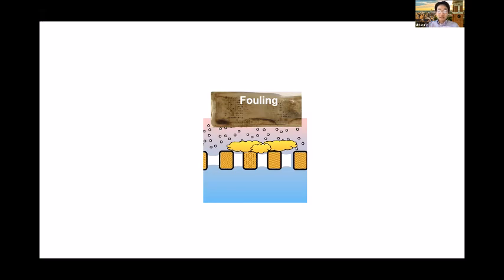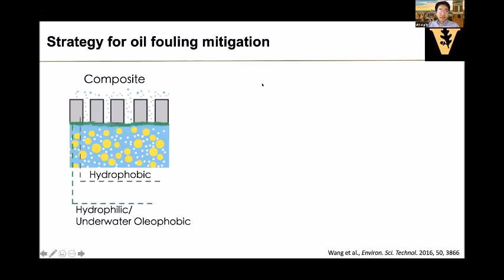The basic strategy is usually to have a composite membrane with a hydrophilic layer on the surface that touches the feed water, and this hydrophilic layer is usually underwater oleophobic. People have done something like that in many other membrane processes, and it usually appears to be effective.